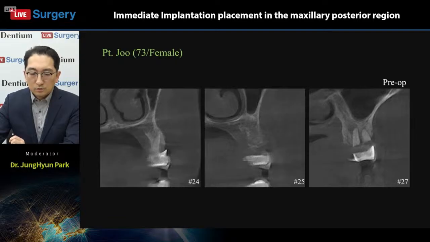In this situation, there are several options. We could attempt ridge splitting, but it was not simple. Or we could place a regular diameter fixture and perform bone grafting on the dehiscence defect or fenestration defect. It was not simple too.